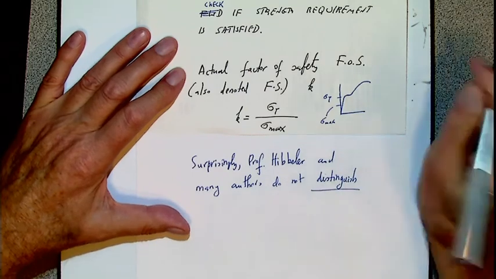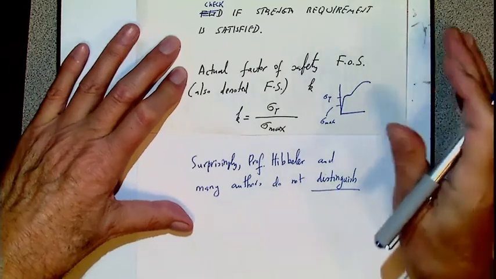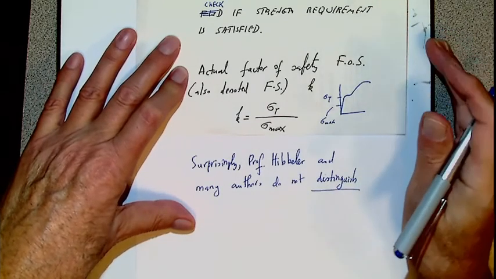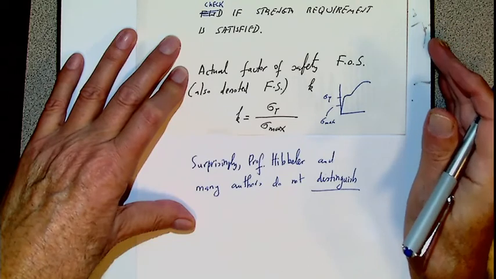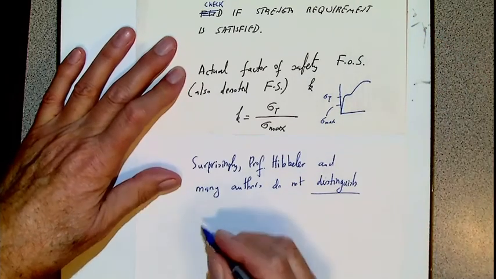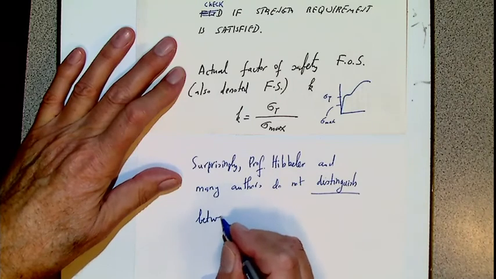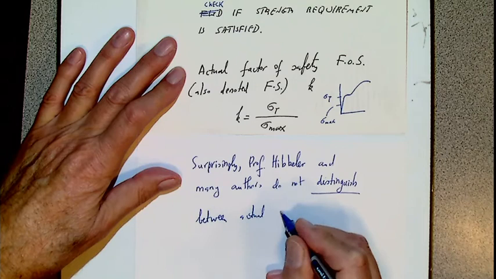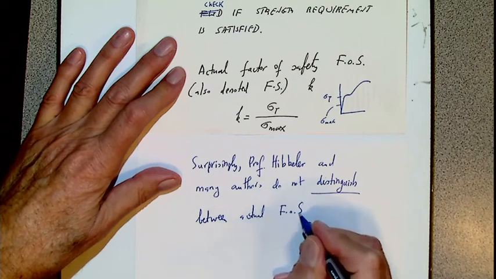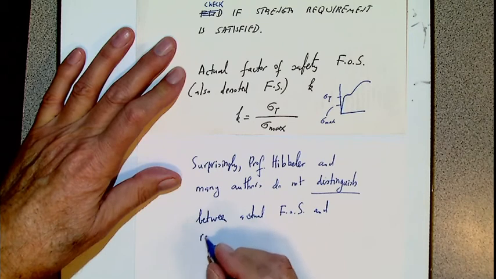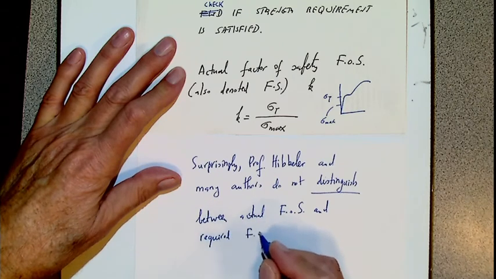You remember, I like to use the word distinguish rather than discriminate, because the word discrimination is always understood by us in a very negative context. So, they do not distinguish between the actual safety factor, actual factor of safety, and the required factor of safety.